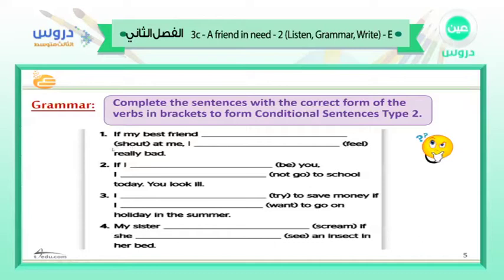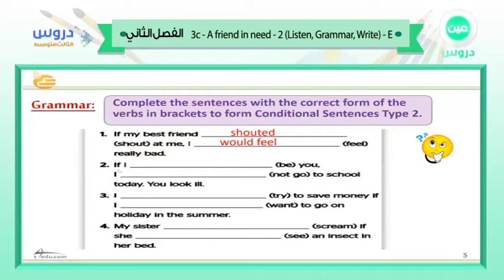So what are we going to say? If my best friend shouted at me, yes, we have the other clause here. We would say, I would feel really bad. Very good.